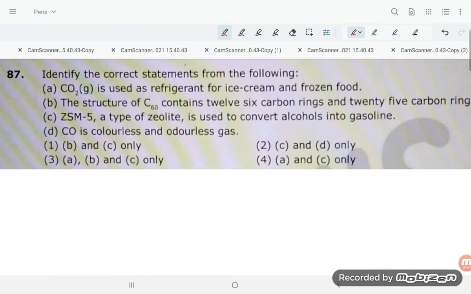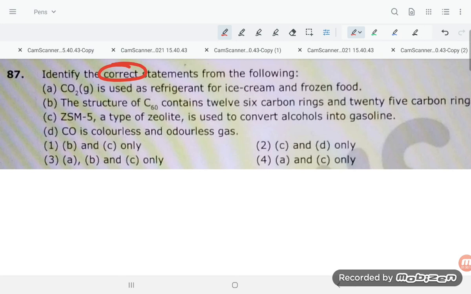Identify the correct statement for CO2 used as a refrigerant for ice cream and frozen food. They are asking which is correct. If you talk about CO2, we don't use it as a refrigerant. Okay, CO2 is used as a refrigerant for ice cream and frozen food.